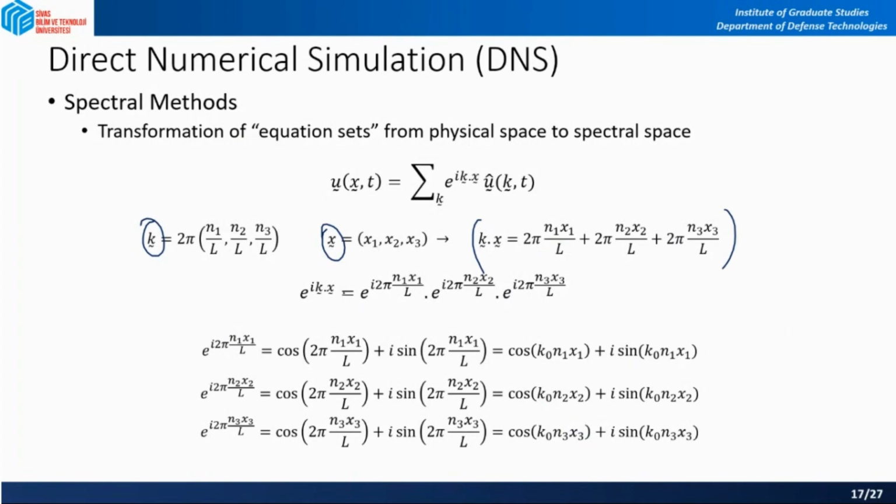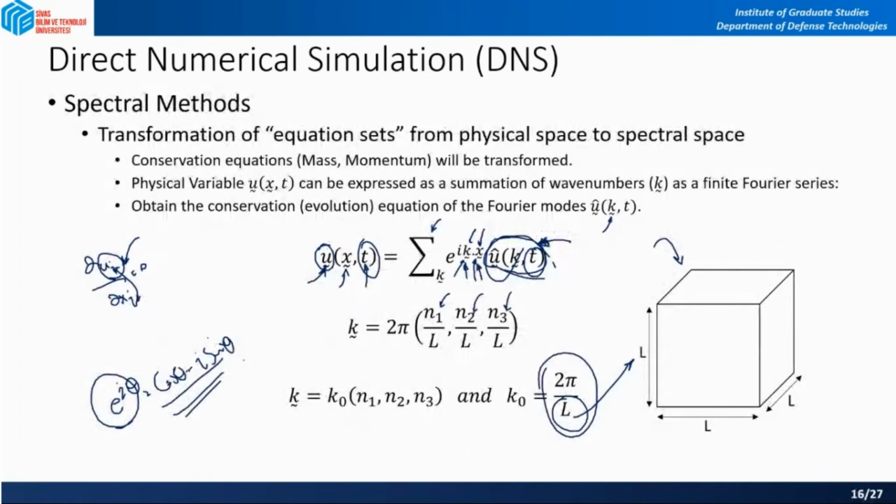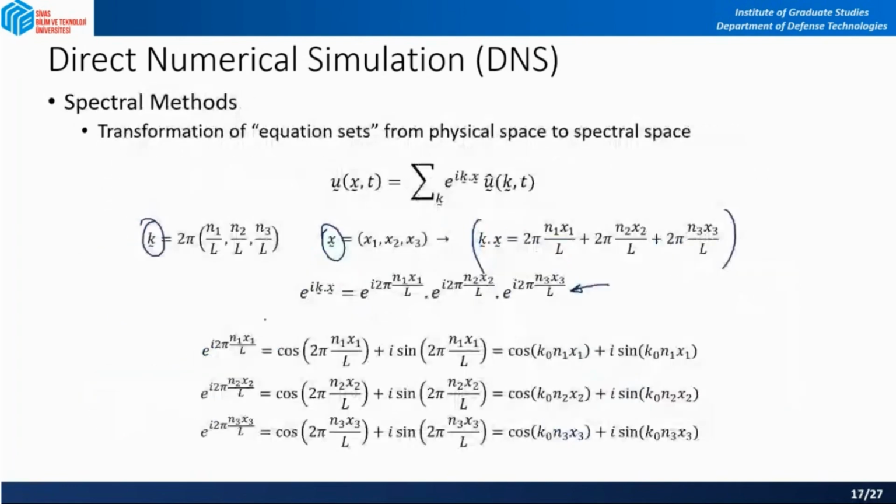And then e to the power of I times this thing will give you this. So you know that e to the power of I times 2 pi n1 x1 over L is just cosine of this plus I sine of this. Sorry, it was cosine plus I sine in here. So you can represent this e to the I theta with cosine theta plus I sine theta.